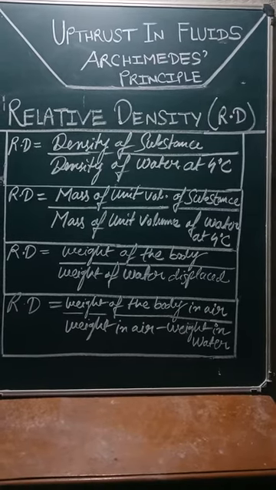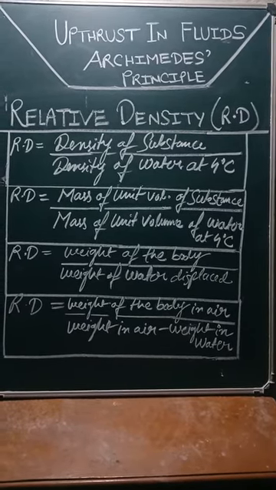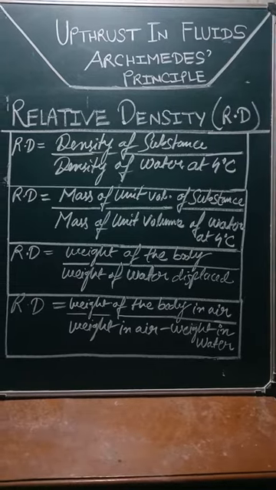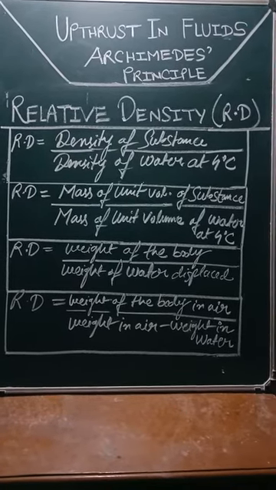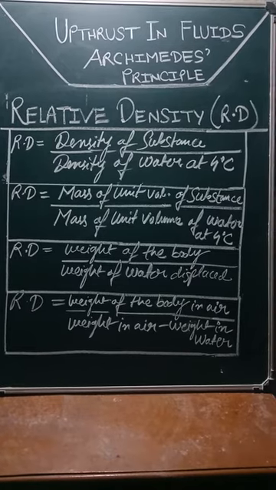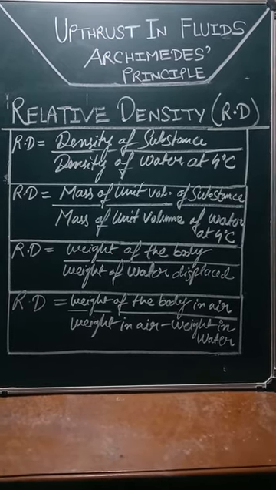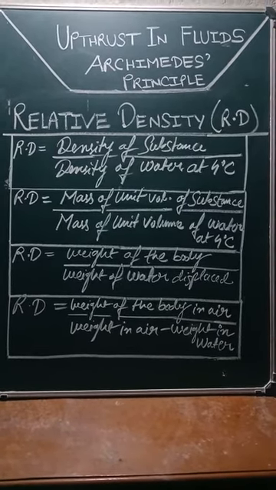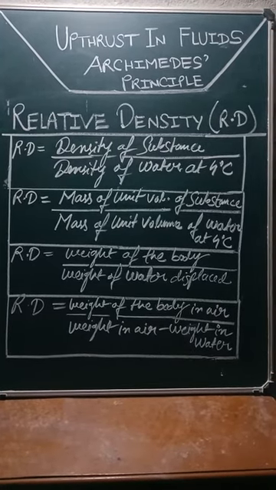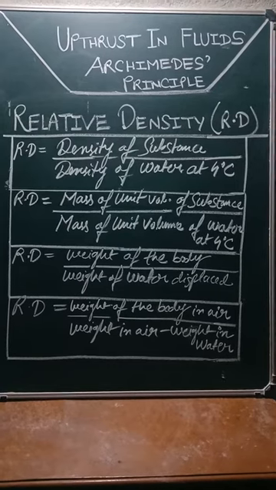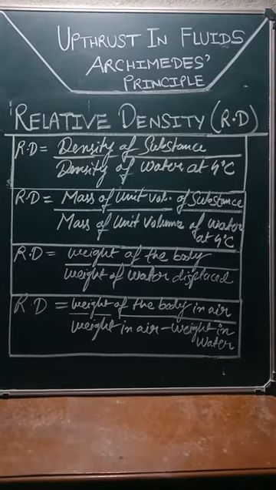It means when we are comparing the density of the substance to the density of water, then we get relative density. Now you must be thinking that, sir, why have I not written the SI unit or CGS unit of this particular thing. Some of you may know this also. What is the reason?